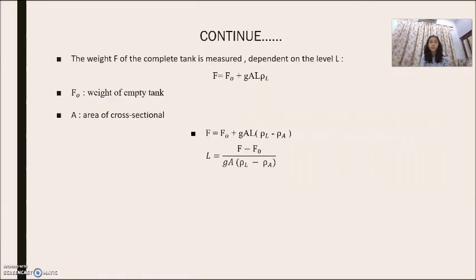Next, the weight of the complete tank is measured depending on the level of the water. So this is the formula to identify the weight of the complete tank after there is water in the tank. The weight is equal to the weight of the tank plus density times gravity times area times height.